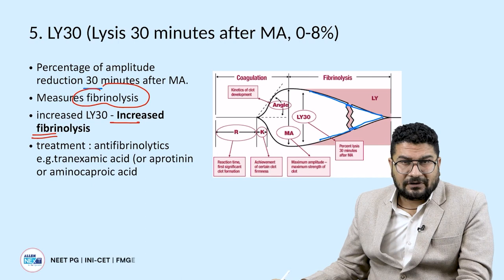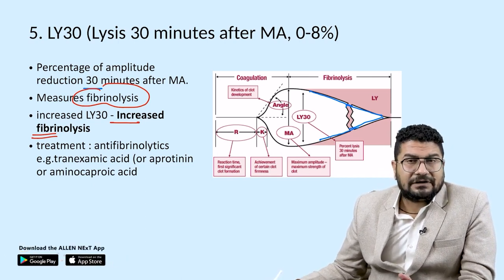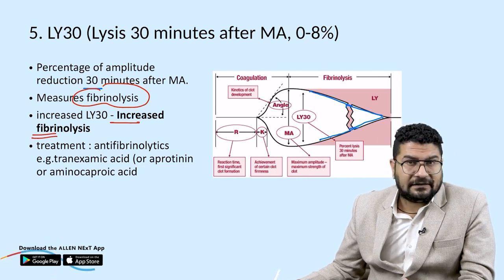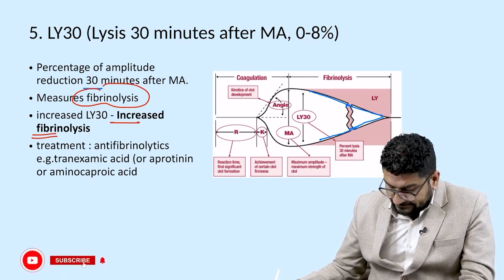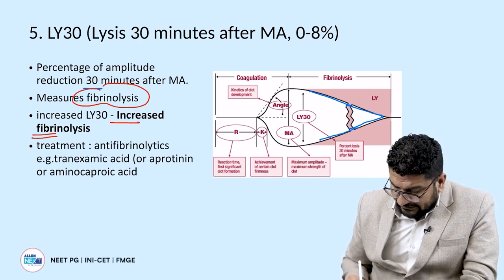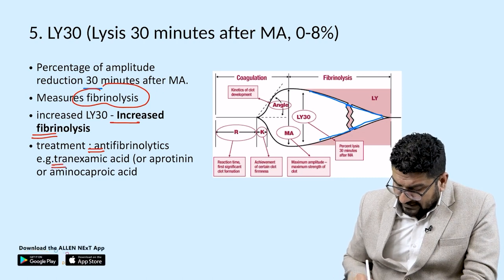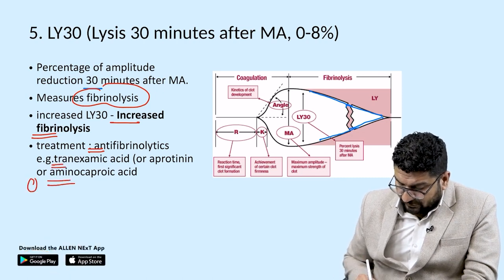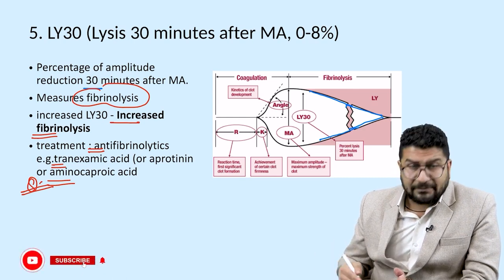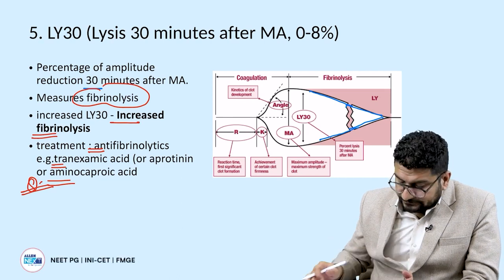There is more fibrinolysis, so it can occur whenever you are doing some sort of thrombolytic, like in a stroke patient, or sometimes in MI we do thrombolysis. So if this is increased, then as treatment we give anti-fibrinolytic drugs like tranexamic acid or aminocaproic acid. This MCQ has also come once: what is the antidote of thrombolytic overdose? That is aminocaproic acid. Epsilon aminocaproic acid is the full name.